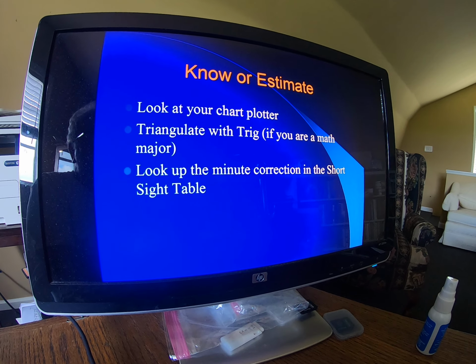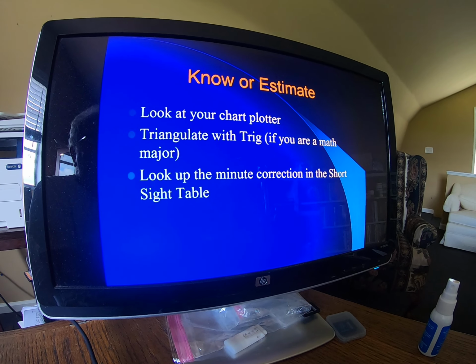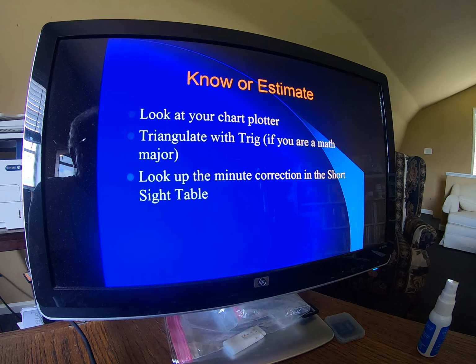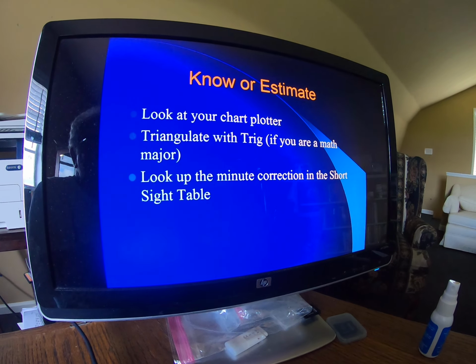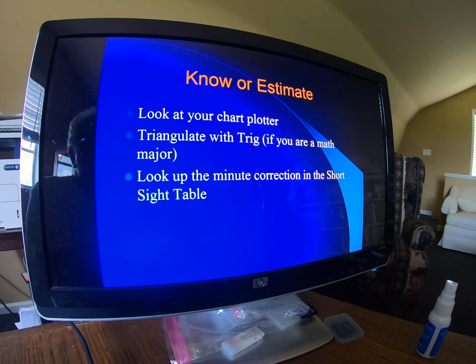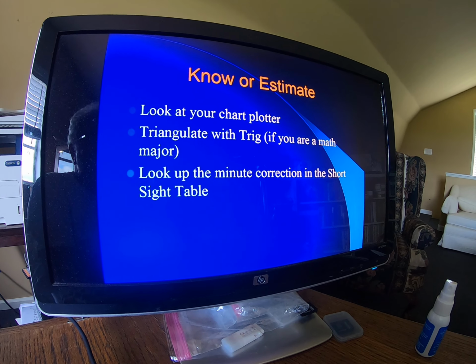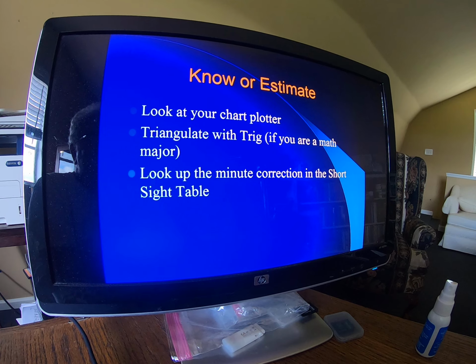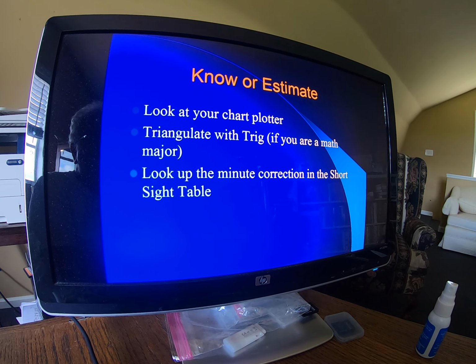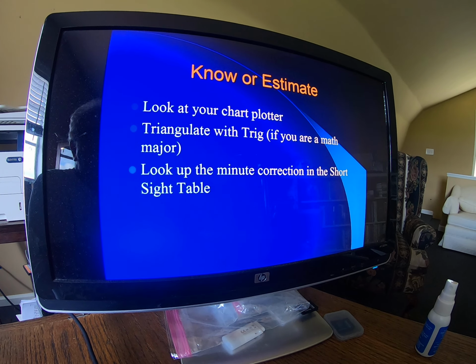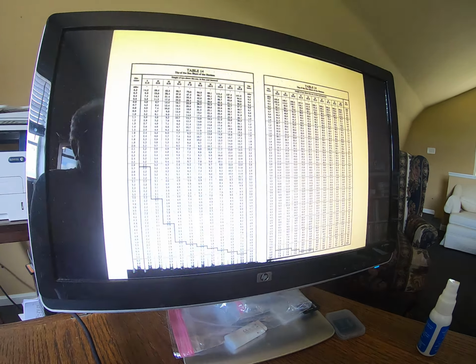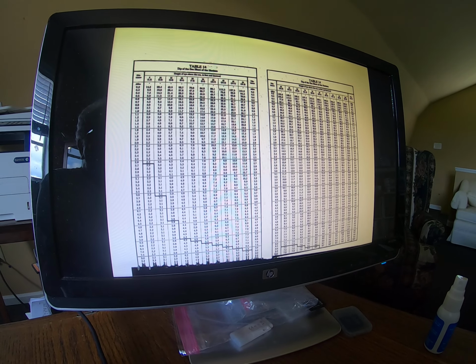I'm going to let you worry about figuring out how far away the land horizon is. The easiest thing, obviously, is to look in your chart plotter. You're just out there practicing anyway, so what's the big deal? Anyway, when you get the distance, then you look up the minute correction in the short sight table.